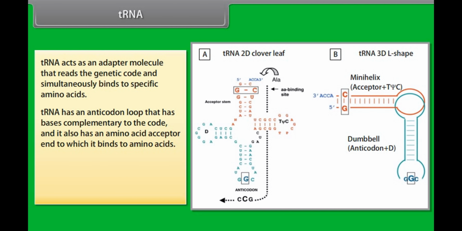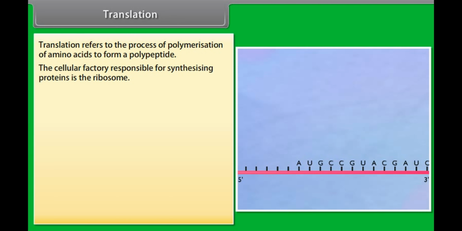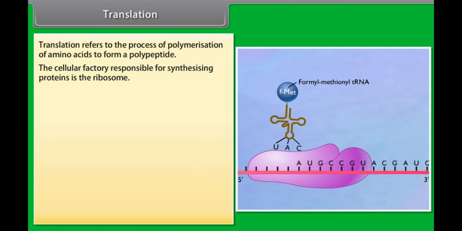Translation. Translation refers to the process of polymerization of amino acids to form a polypeptide. The cellular factory responsible for synthesizing proteins is the ribosome. The ribosome consists of 2 subunits in its inactive state, small and large subunits.